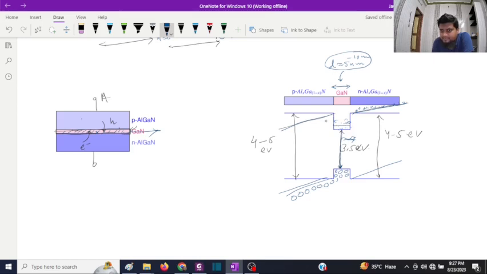Like this. And the probability of occupancy of the first energy level, let's say n1, this is n2, will be quite large.